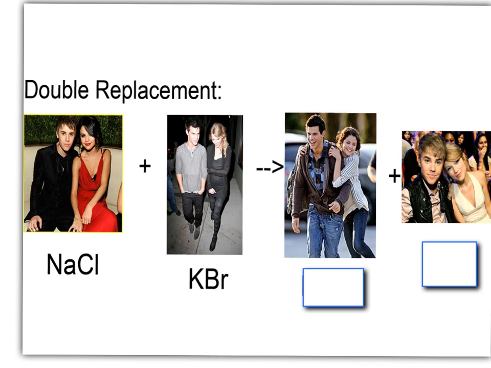And later down the line you can see that the boys have swapped places with each other, and we end up getting Taylor Lautner with Selena Gomez and Justin Bieber and Taylor Swift. And so you can see two new couples or two new substances have formed.